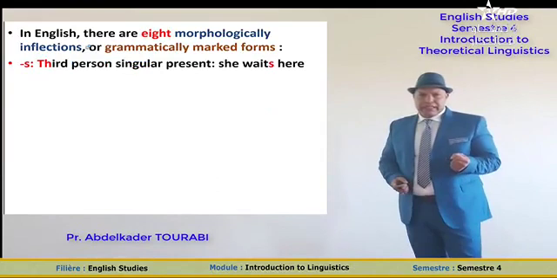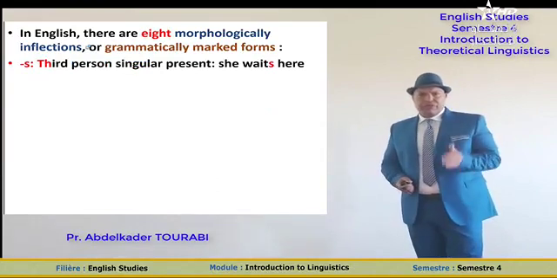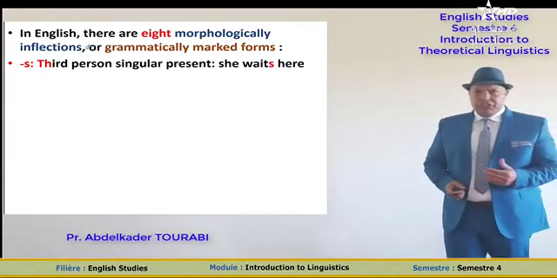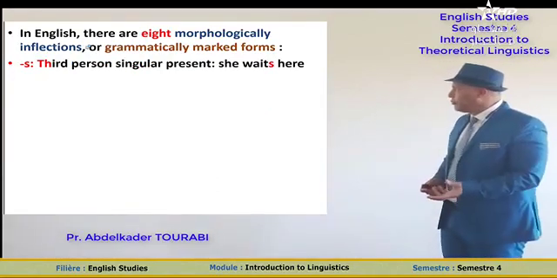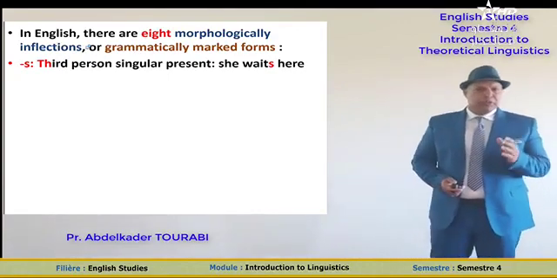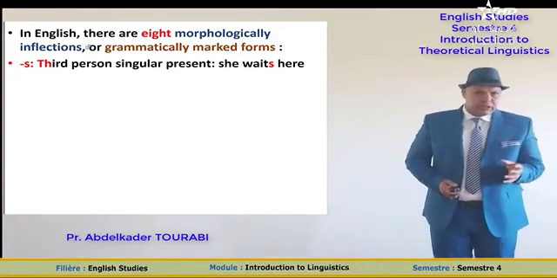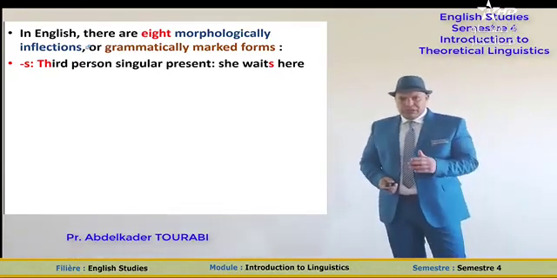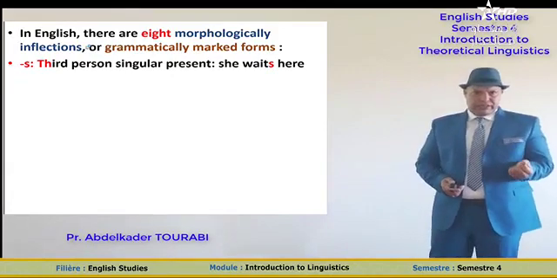We take, for example, the s, the third person singular in the present. She waits here. So we have the s here. It expresses the relationship with she, which is singular, and it is a present tense morpheme.